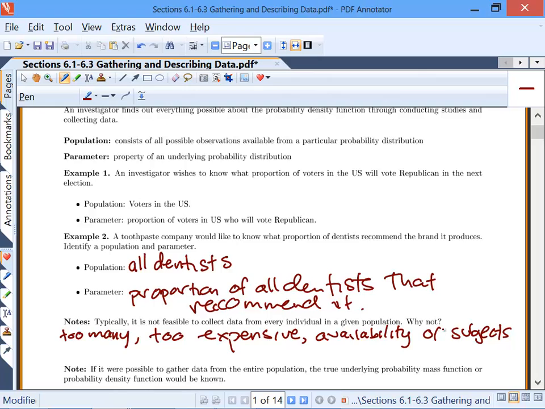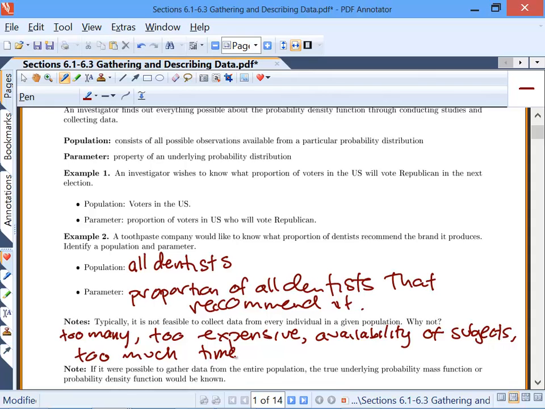For the census, it's very difficult to actually find everyone at home and get them all to respond to your survey. So: too many, too expensive, too much time, etc. It's usually very impractical to try and collect data on everything in the population.